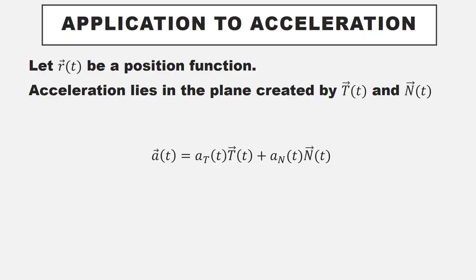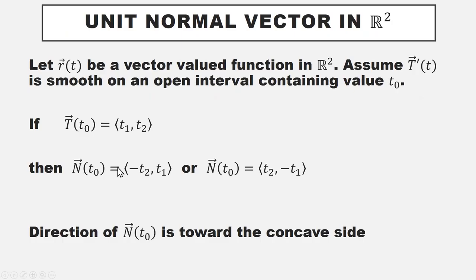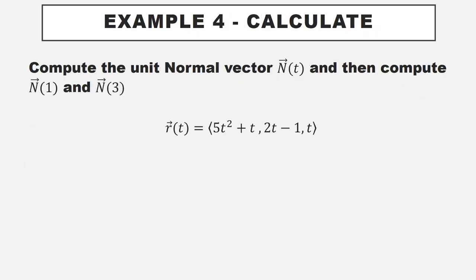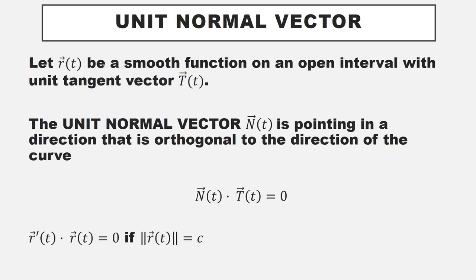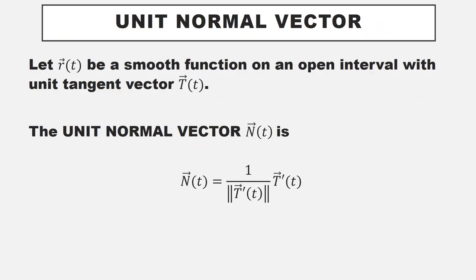So that's unit tangent and unit normal vectors. We see their applications in acceleration. We know that they have to be orthogonal. So in R2, that gives us a really nice way of finding the unit normal vector if we know the unit tangent vector. In R3, we're going to have to find the unit normal vector by taking a derivative of the unit tangent vector and then dividing by the length of that.